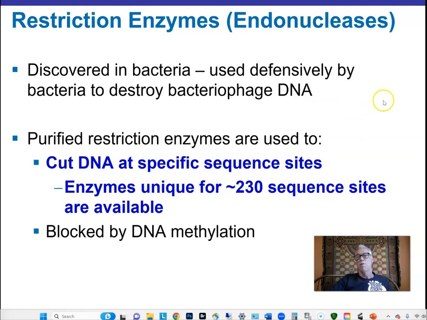There are about 230 different sites that we can choose, and go to the store and buy a purified, highly active endonuclease protein from any of a number of different companies to cut our DNA exactly at a site that we choose. And we can engineer those sites right into a plasmid at specific locations. So it's really easy to cut open a plasmid, cut some genomic DNA or some source of DNA with a gene of interest, and plunk the pieces right together, as I'll show you.